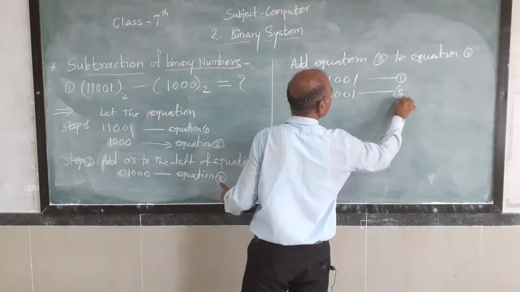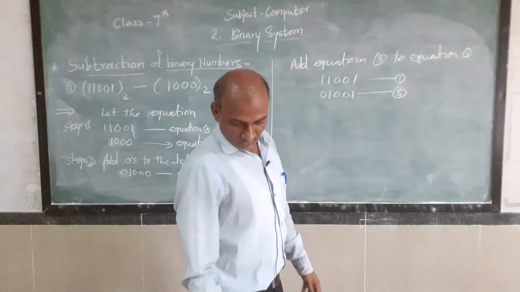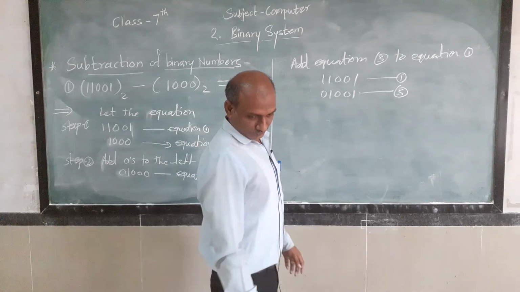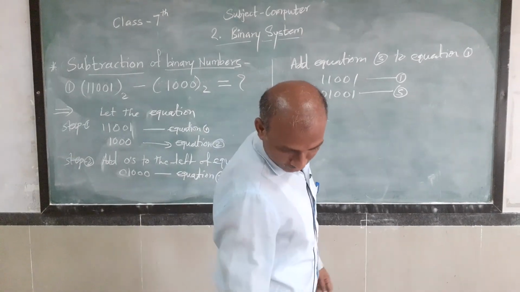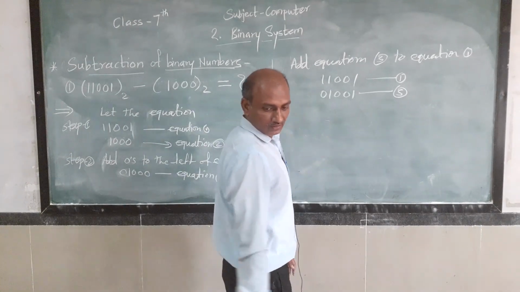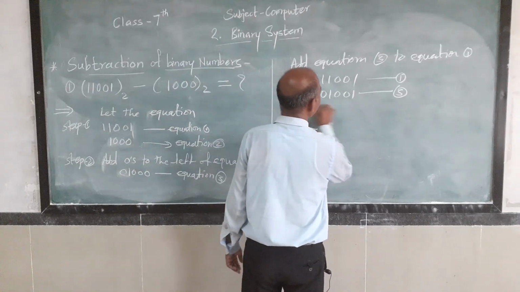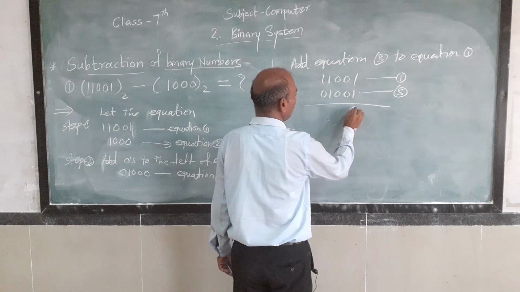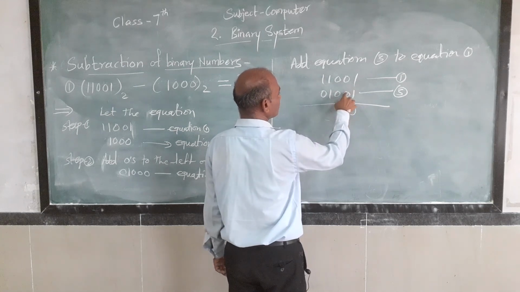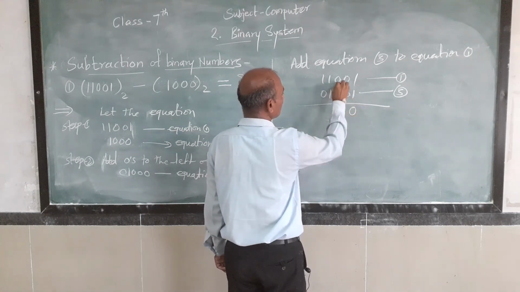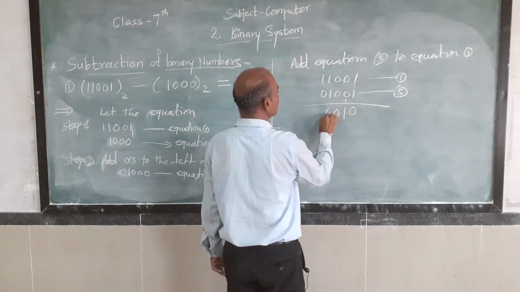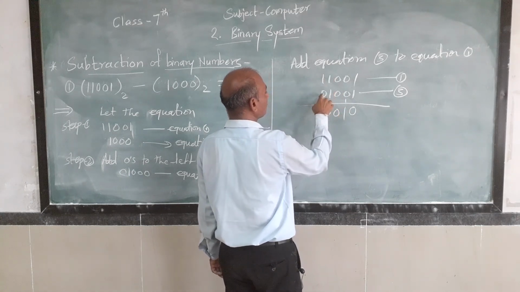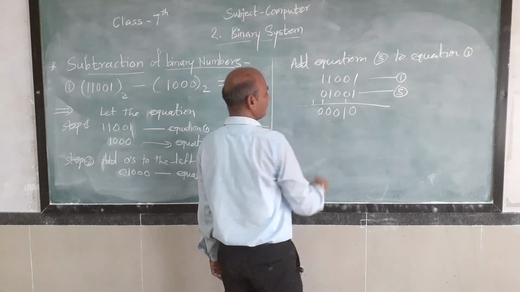Okay, now add these. What you will get? 1 plus 1 is 0, carry 1; 0 plus 0 is 0; 0 plus 0 is 0; 1 plus 1 is 0, carry 1; 1 plus 0 is 1; 1 plus 0 is 1; 1 plus 1 is 0, carry 1.